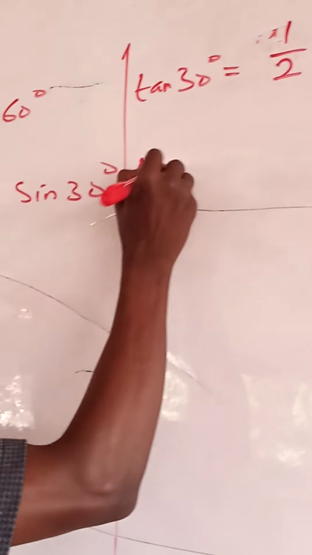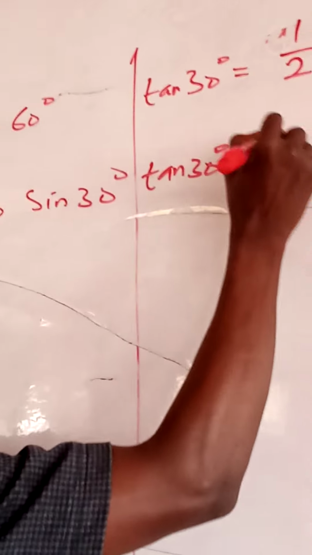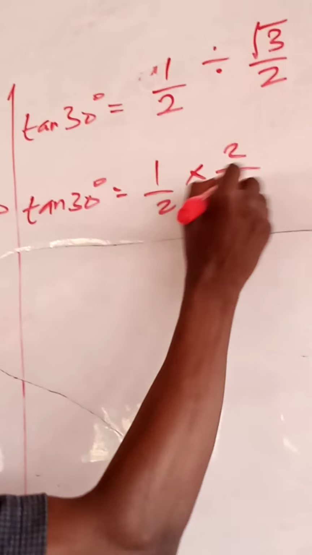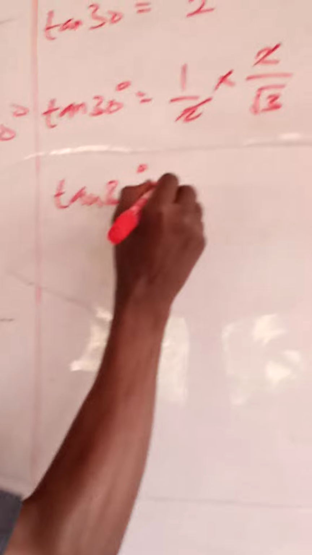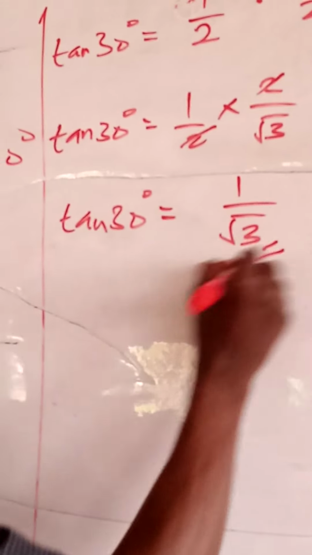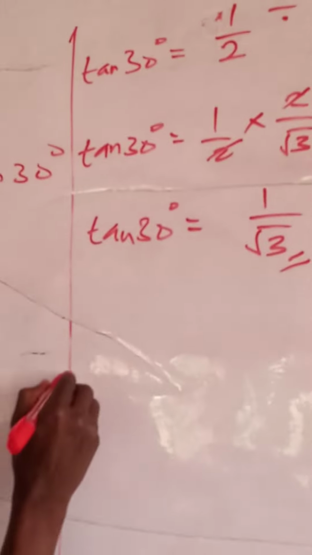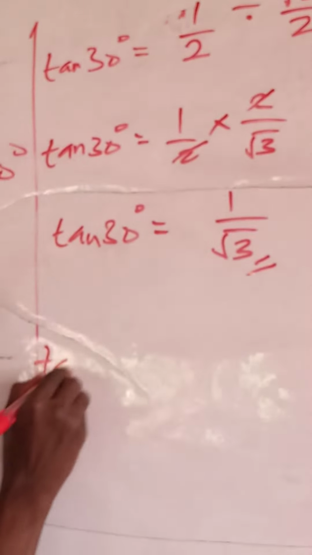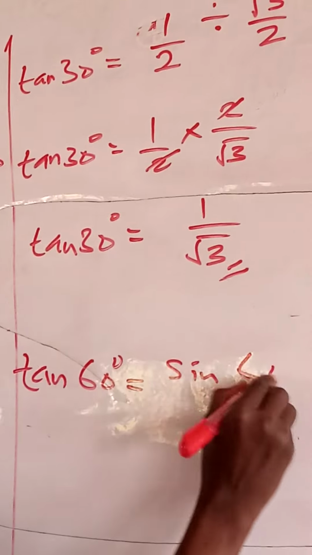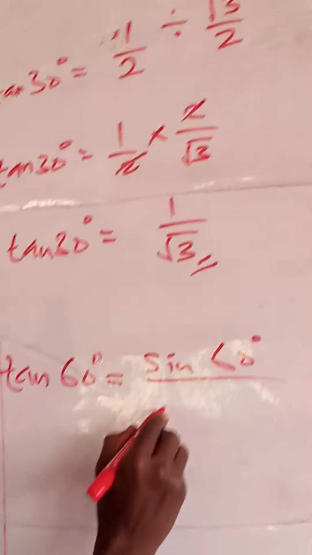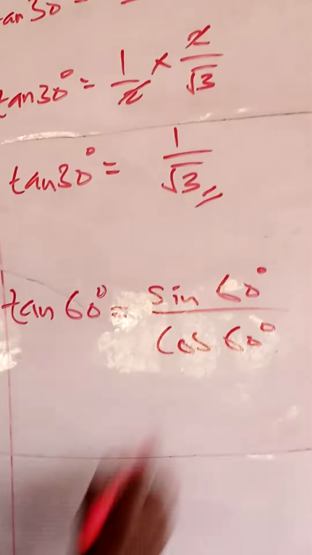So what we press, we say sine 30 degree is equal to 1 over 2 times 2 over root 3. This will take care of this. Tan 30 degree is equal to 1 over root 3. Now let's take tan 60 degree. It's going to be sine 60 degree over cos 60 degree.